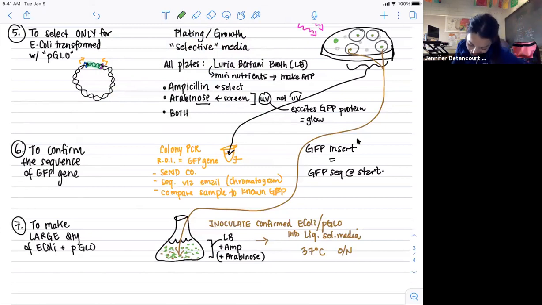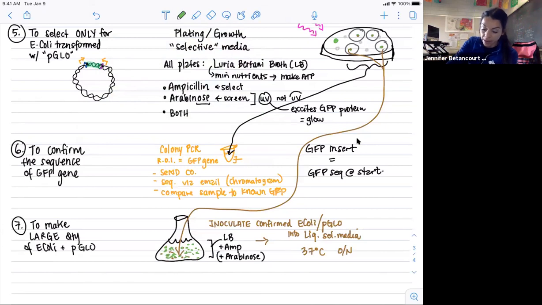So, all right. And so now you have this big vat of bacteria making the protein product, but you don't want to do your aims with bacteria. You just want the protein.